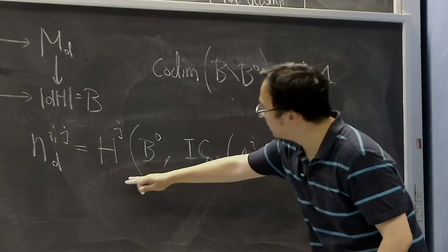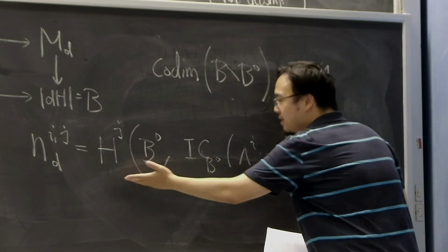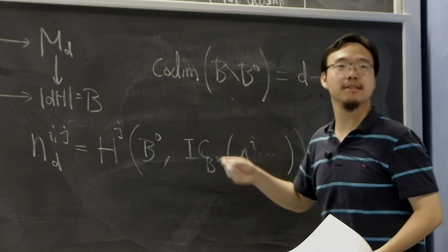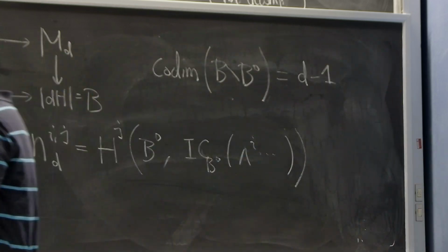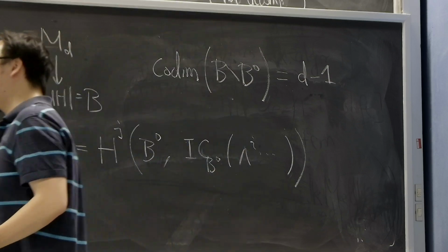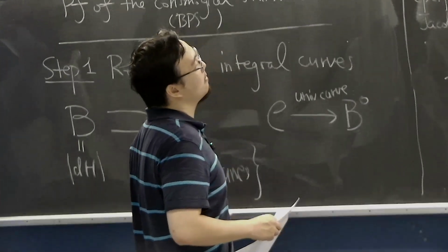Of course, in order to define this I wrote this equation for the entire B, but actually you can get rid of the boundary because of this codimension. Okay, so this is the first reduction. We reduced from the entire B to the integral locus.